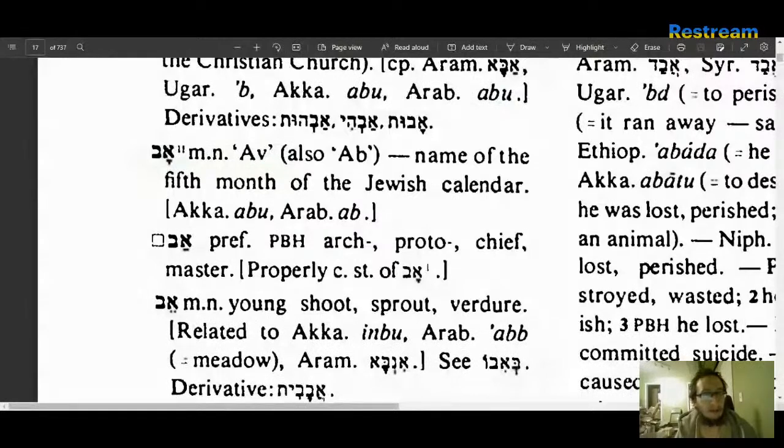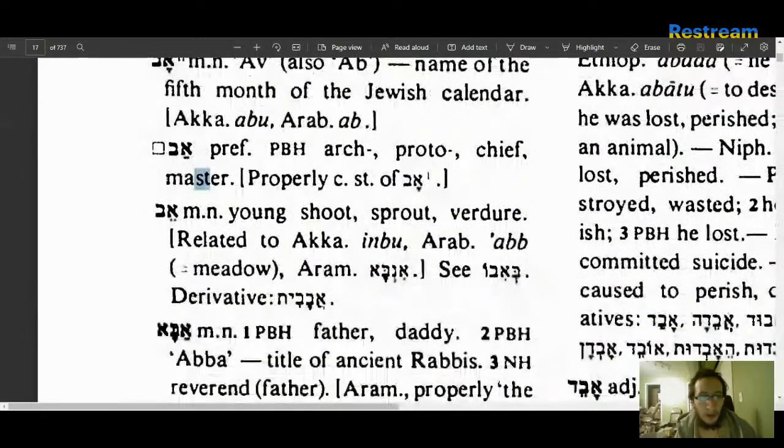In Akkadian, it's also Ab. Arabic has the same name for the fifth month of the year. Hebrew uses Ab in later post-biblical Hebrew. It uses it to mean chief, the first, the arch, or the master of something, or origin of something.